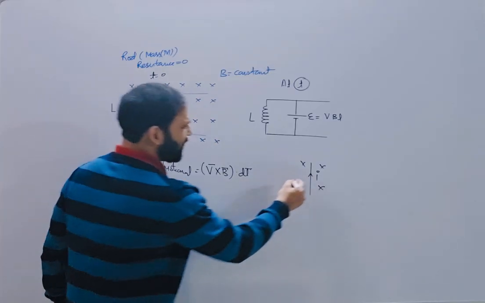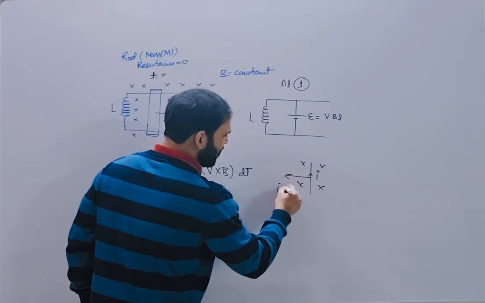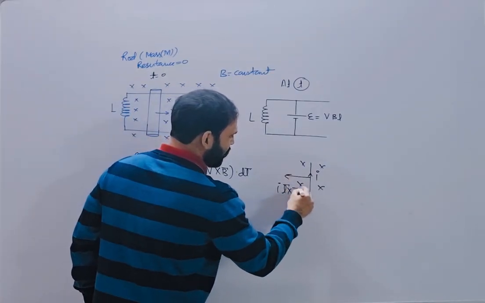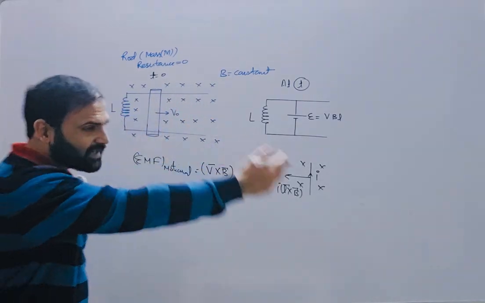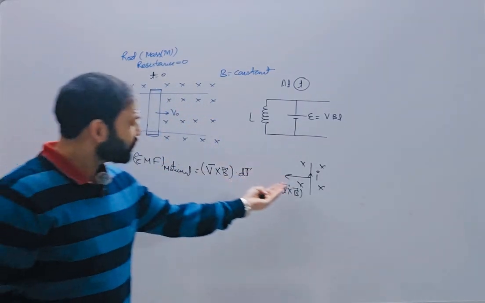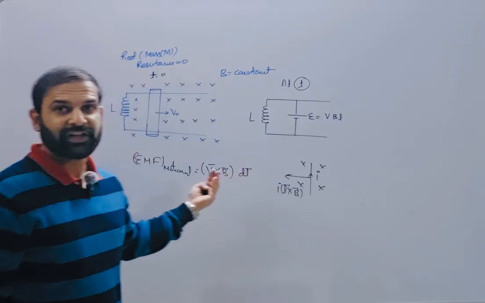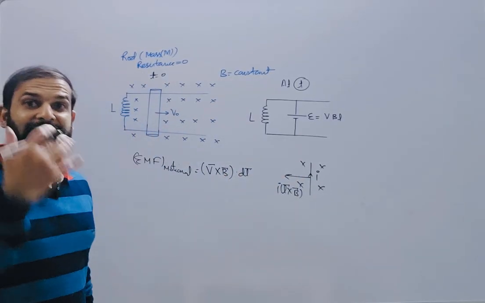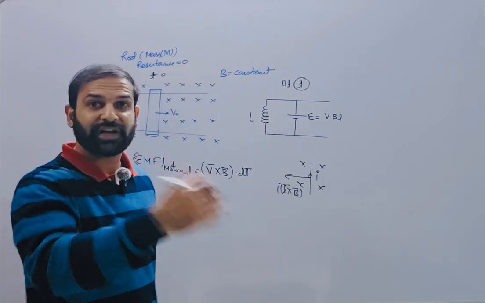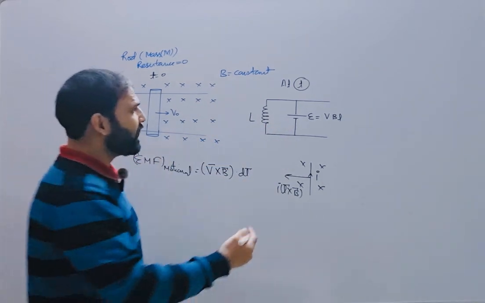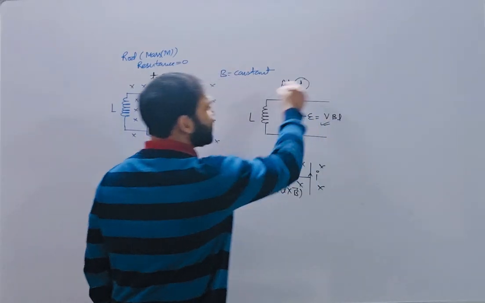The force is given by I L cross B. We have given a velocity v0 to the rod in the right direction, and a force acts on the rod towards the left. So the rod is under retarded motion, and its velocity is continuously decreasing. That's why we have taken velocity v at any time t.